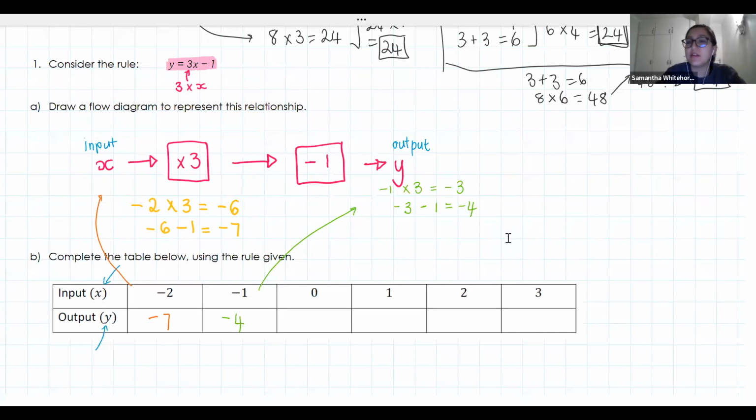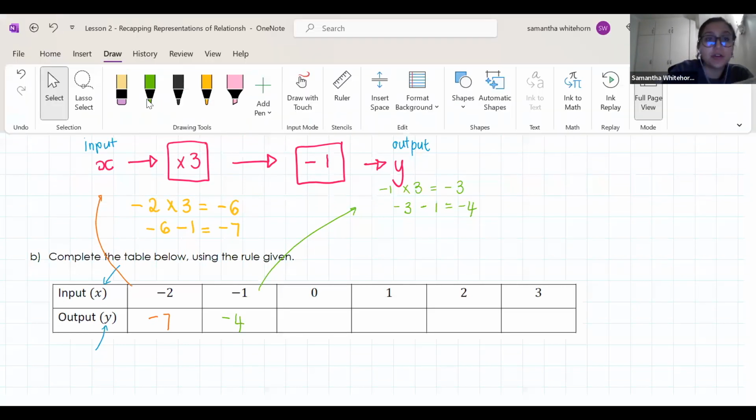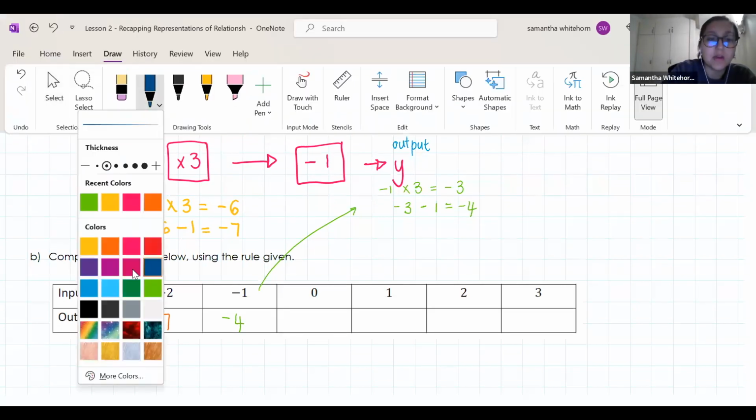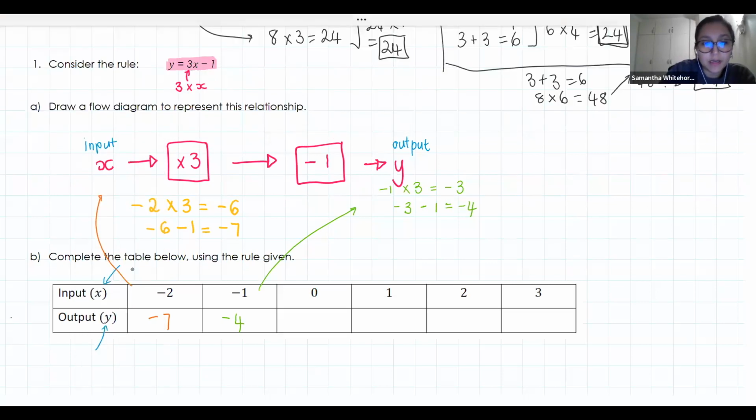Right, so that's using my flow diagram. Literally input, apply the rule, off you go. You don't have to use a flow diagram, especially if you haven't been asked to do one. You can use the rule. So reminder, your rule was y is equal to 3x minus 1.